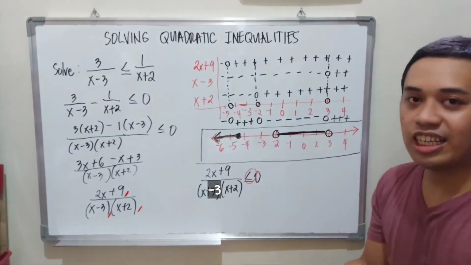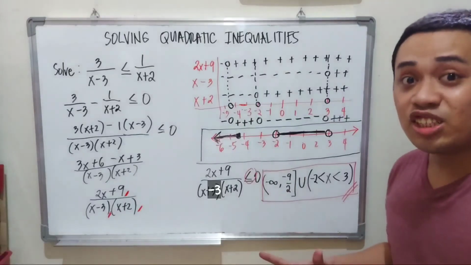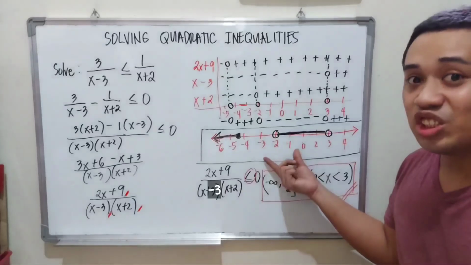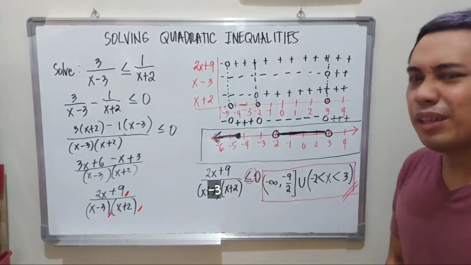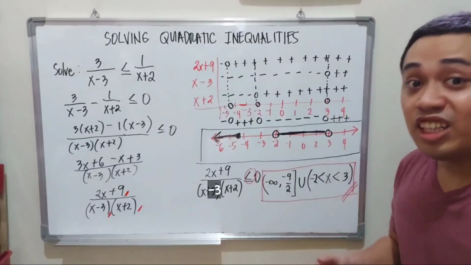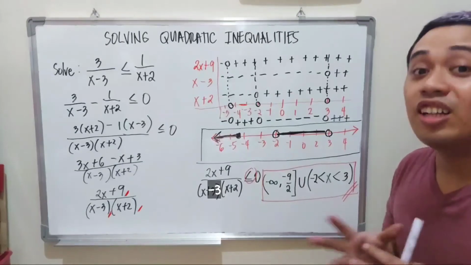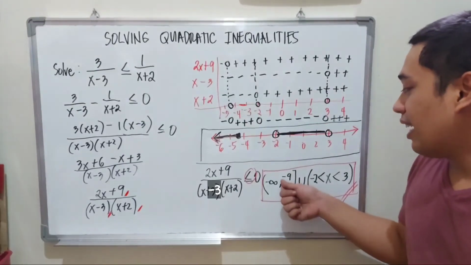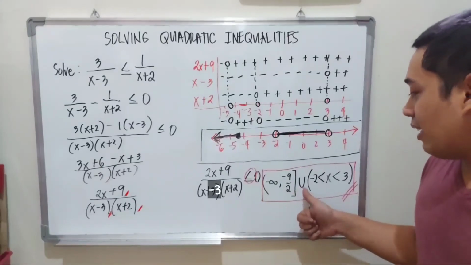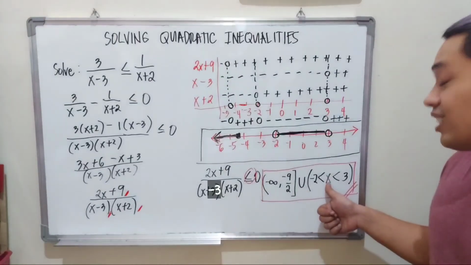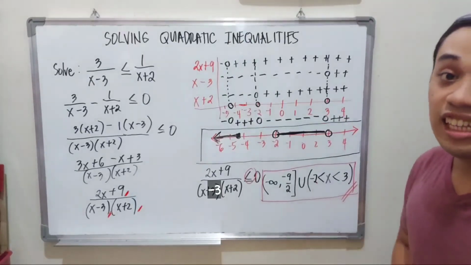Paano mo ngayon siya i-state as annotation? So, pag ita-transform natin ang number line answer natin into an algebraic notation, pwede nating maging sagot ay the range of possible values for x that will make the inequality a true statement is negative 9 over 2 up to the negative infinity and the set of x such that x is less than 3 but is greater than negative 2.